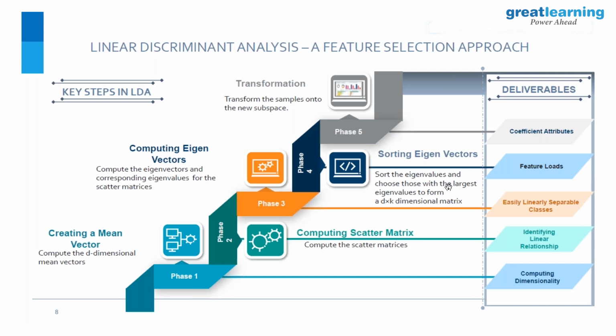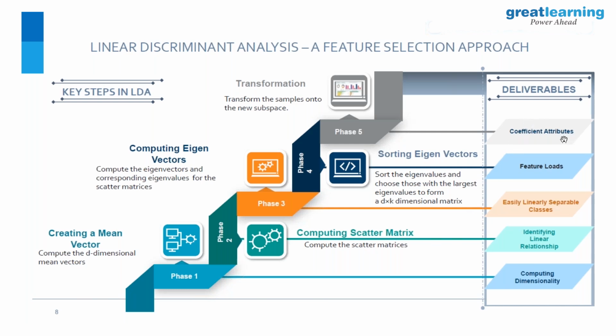So don't get overboard with the mathematics behind it, because once we do it on the data, you will understand it much better. Once we have this sorting done, we transform the sample onto a new space by considering the most highly loaded factors in terms of their coefficient values. The coefficient attributes come out as a final value for us to see which of the features are important. Then there are feature loads. These are related to the phases, and you would see what comes out as output from each stage.